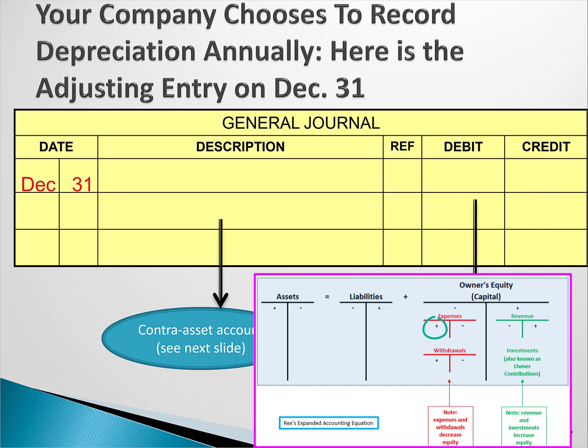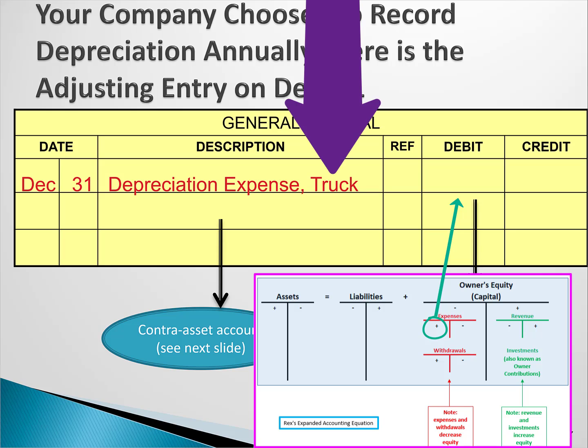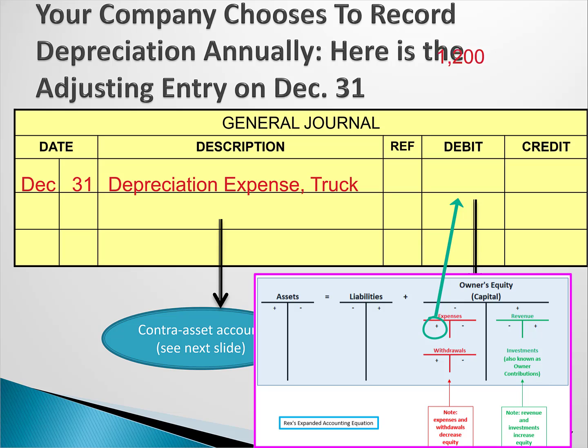So depreciation expense is going up. And how do expenses go up? With a debit. And now notice they have depreciation expense, comma, truck. So what they're going to do is they're going to have depreciation expenses probably for different types of assets. And what was the annual depreciation? It was $1,200 from the previous slide.